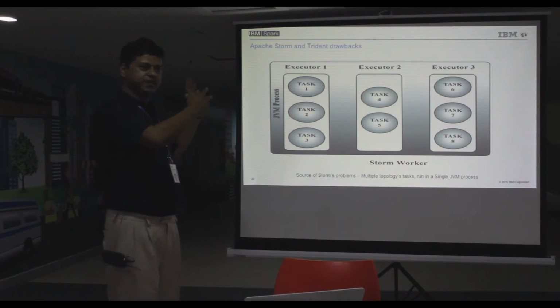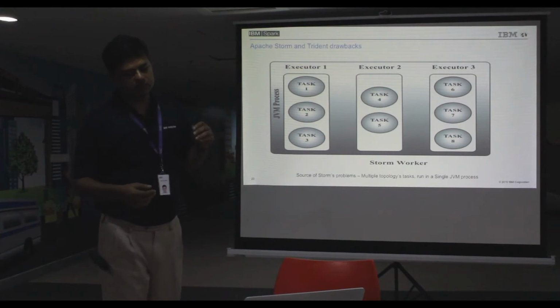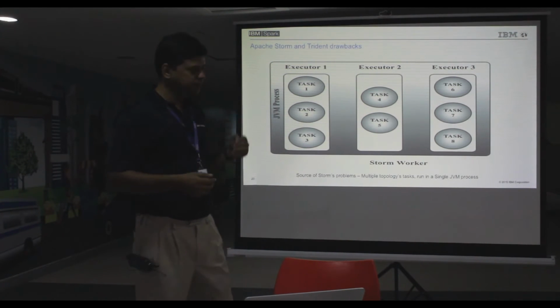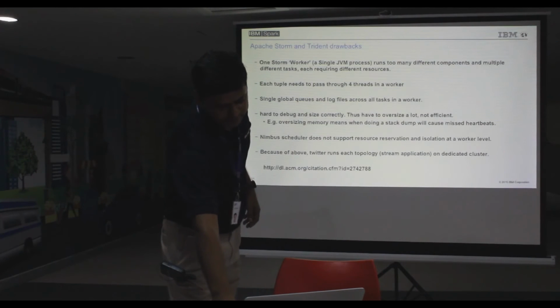So apart from those features and whatever we saw, there was a paper, and there's a URL in here. So when you get the slide deck, you can go to it.